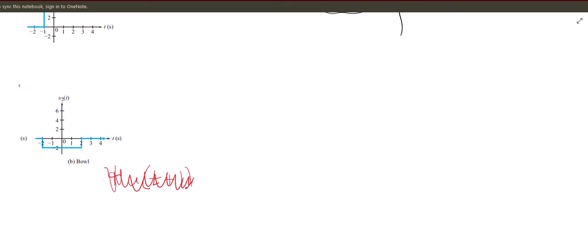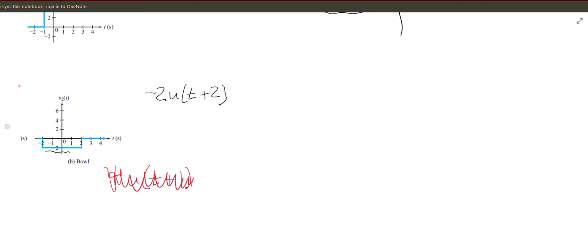So I like just reading these from left to right, and so you'll see what I mean by that as we create it. So it's going to start by being, it goes down by 2 at -2. So that would be -2 u of t plus 2, because it starts at -2.